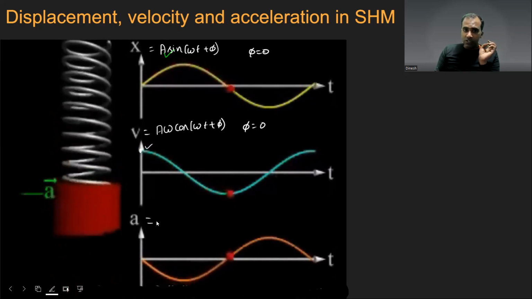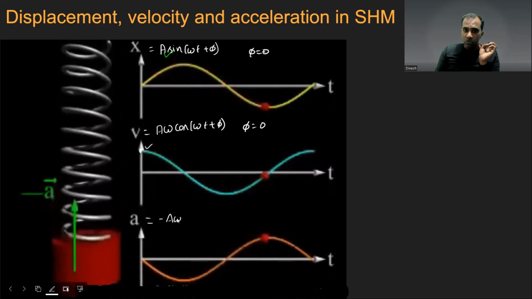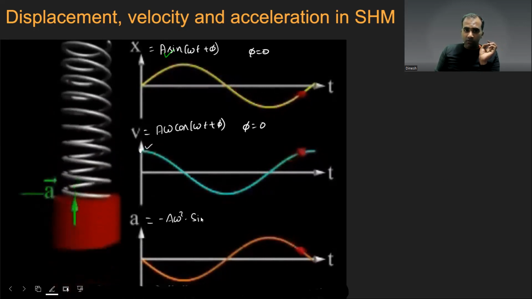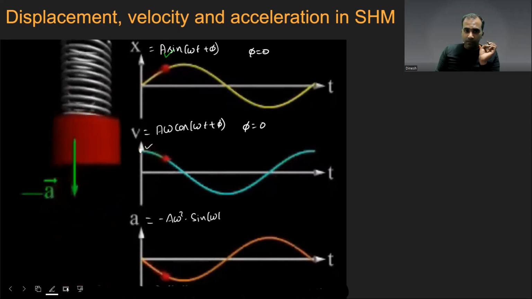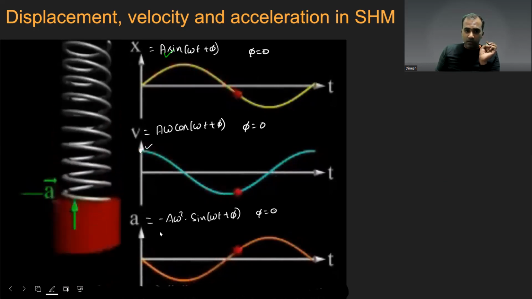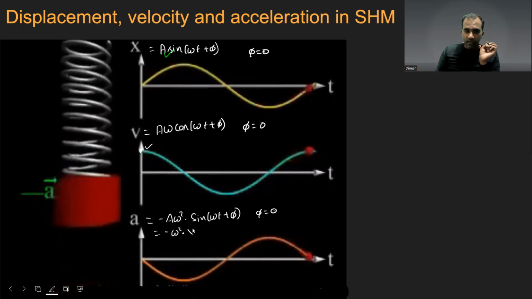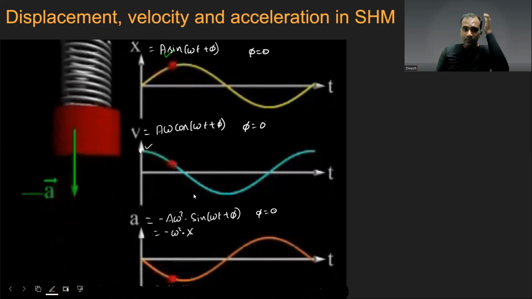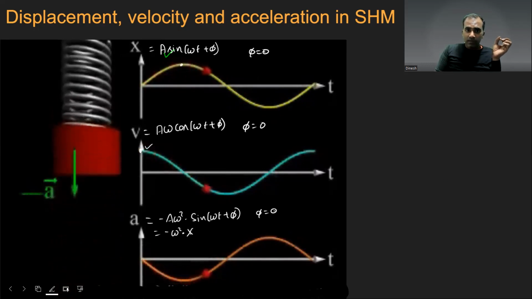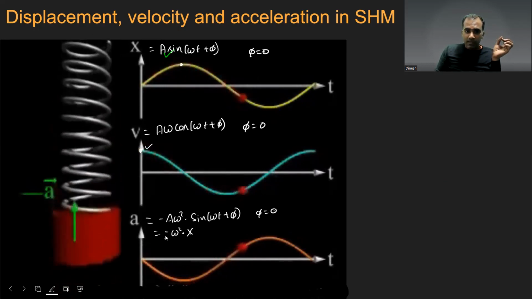Okay. Next, acceleration is minus a omega square into sine(omega t plus phi). I'm taking phi as 0. So look at this one. This is minus omega square extra, and it looks like x. See this? How x looks, there is a minus sign extra.